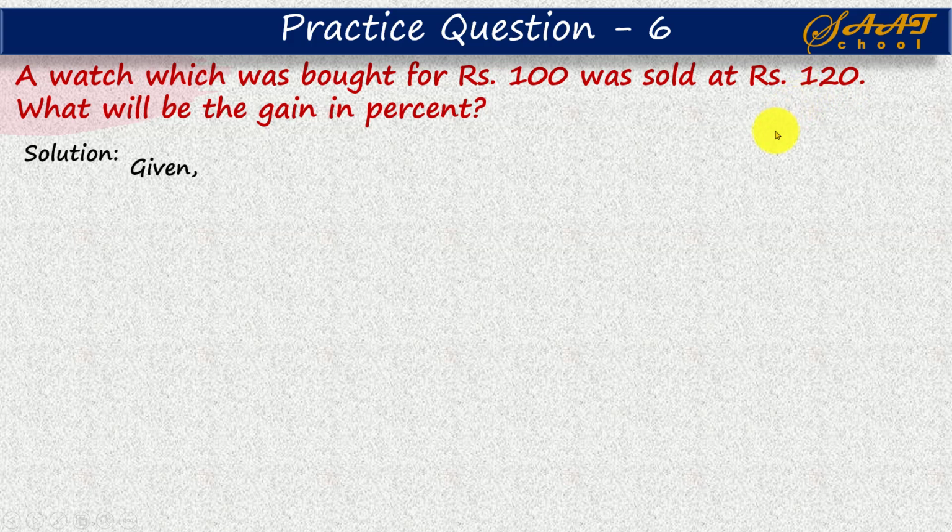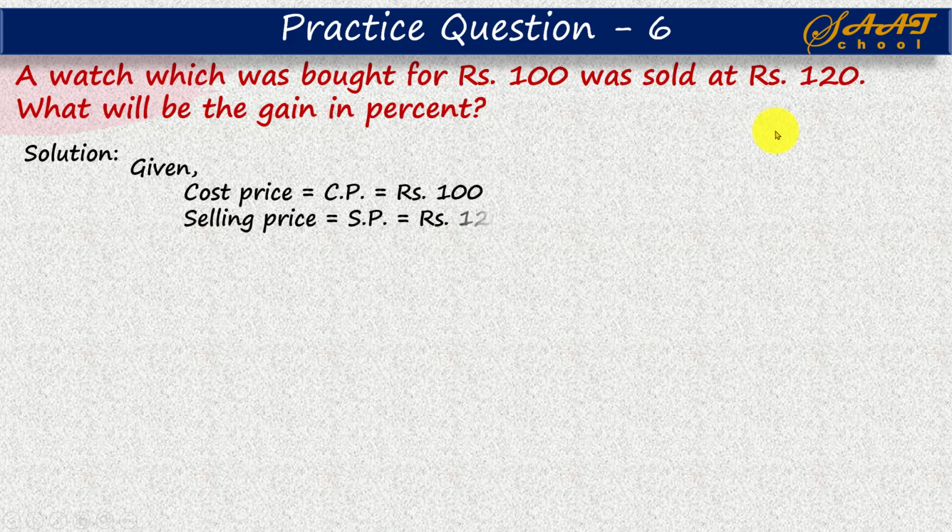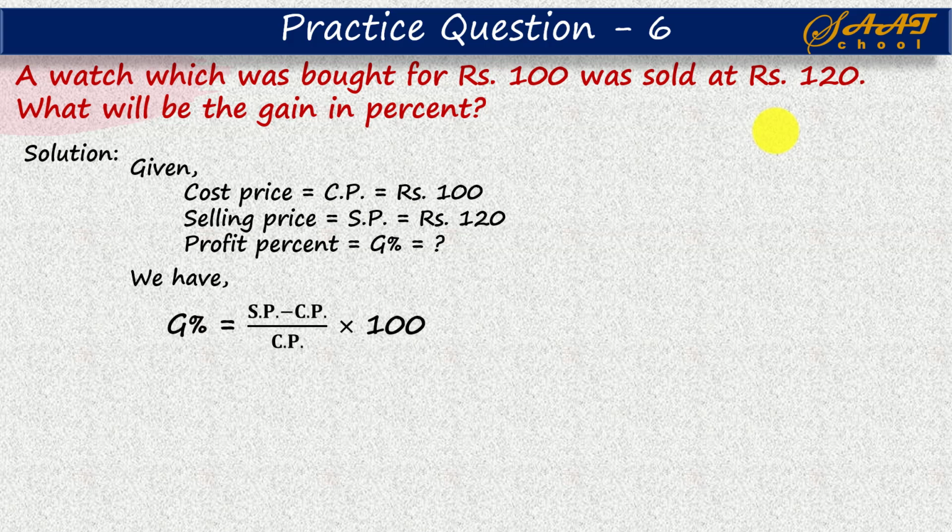The given here is cost price is 100 and selling price is 120. Here we have to find profit percent or gain percent. Now to find profit percent, we have a relation where profit percent is (SP minus CP) divided by CP multiplied by 100.